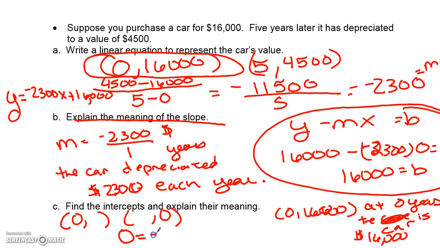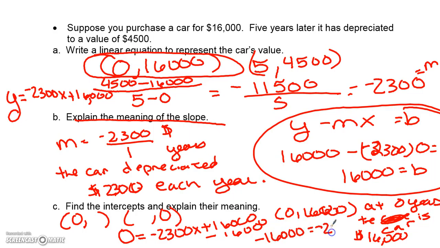If we put 0 in for y and solve, we're going to subtract 16,000 from each side, so we get negative 16,000 equals negative 2,300x. And if we divide, we get 6.96. So x equals 6.96.